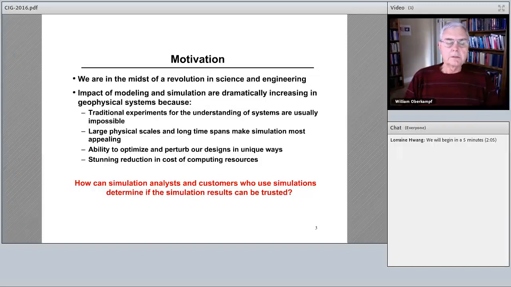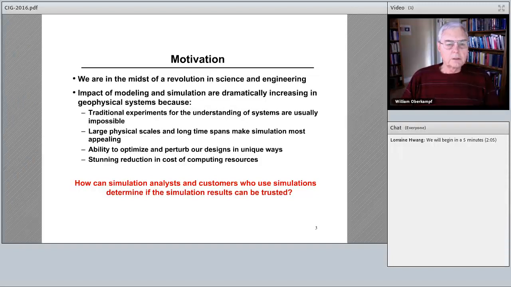And that is a great capability. Sometimes it's referred to as scenario analysis. And we must not forget that the reason we are all at this point in history is because of the stunning reduction in the cost of computing. If we would not have that reduction in the cost of computing, we would not be here today with this topic.